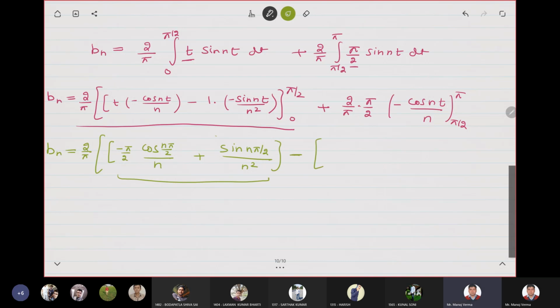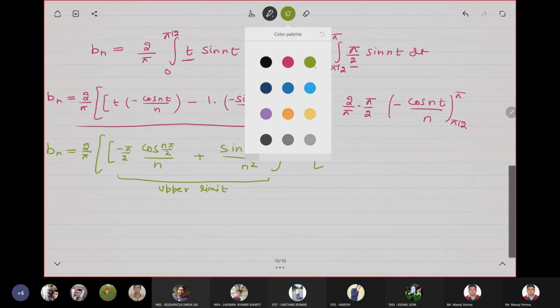Okay, now I will insert the lower limit. This whole expression is because of the upper limit, and now I will insert the lower limit.